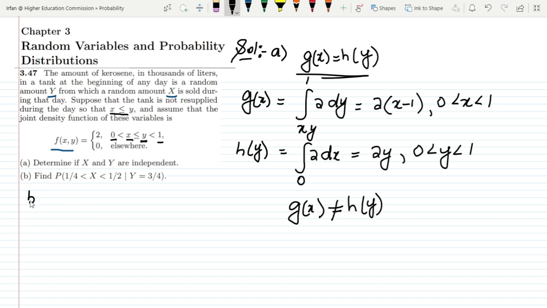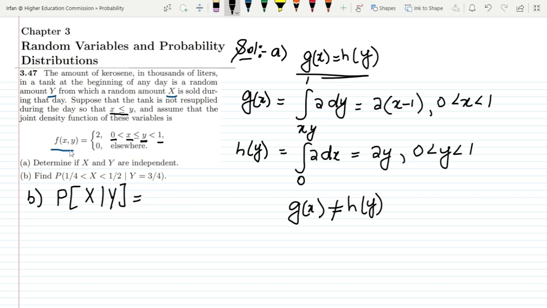For part B, I have to find the probability that x is greater than 1/4 and less than 1/2, given that y is equal to 3/4. So for it, I first have to find the probability of x given y.